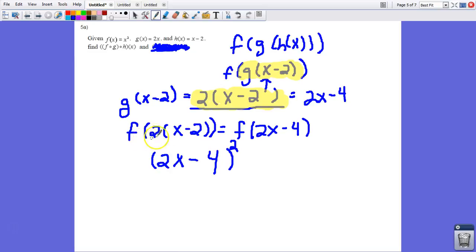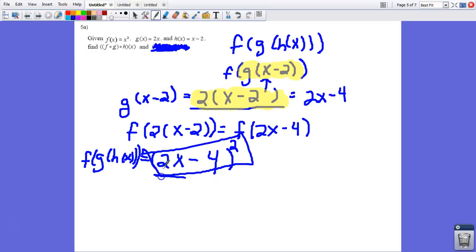Okay, that is f of 2x minus 4, which is also the answer to f of g of h of x equals this final answer here.